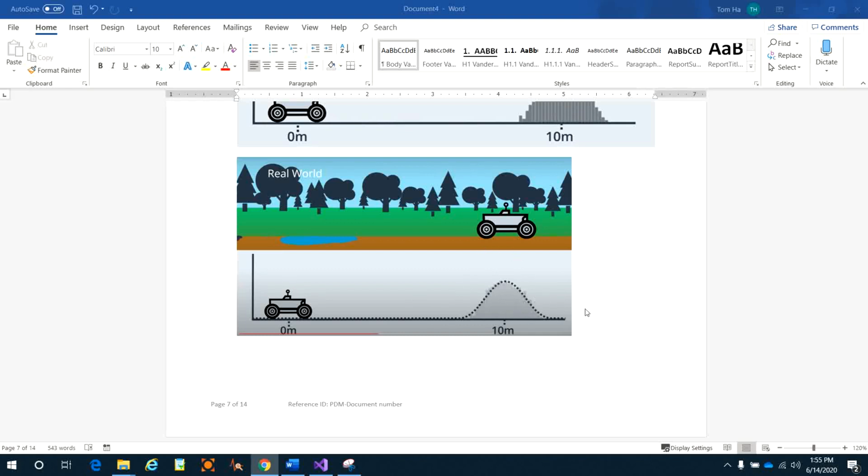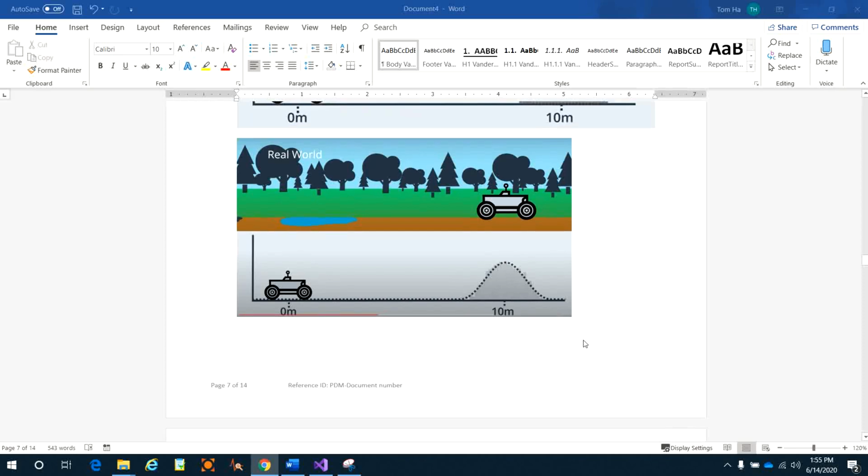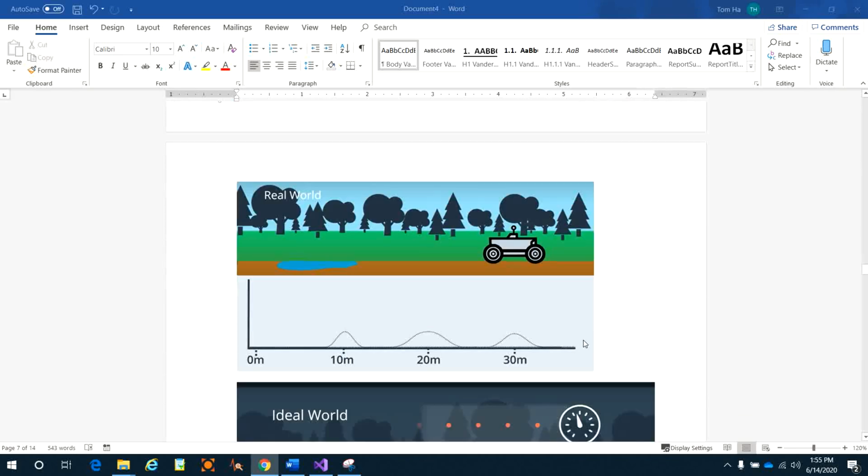So what happens if the robot keeps moving? After the first 10 meters, it continues 20 meters, and the uncertainty will add up, stack up, and the location is really not correct.